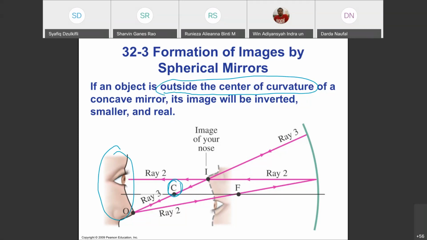So the image will be inverted, smaller and real, because this is beyond C, beyond 2F. That's not in the question. It's larger by 1.5 because the object is within C. We'll discuss this one next week.